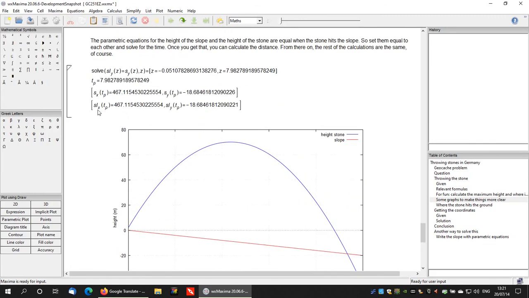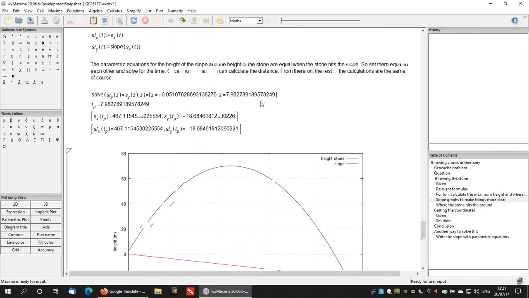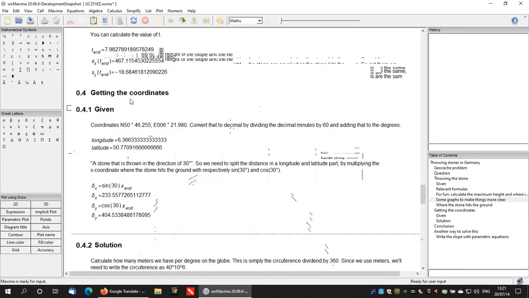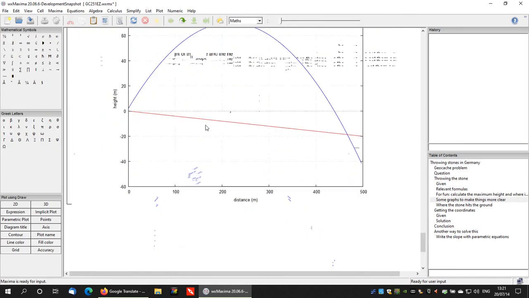And of course, if you fill that in the formula for the slope, you should get the same values, which we do. And from there on, once you've got these two, or actually just this one, it's the same thing for getting the coordinates, of course. And that was it.